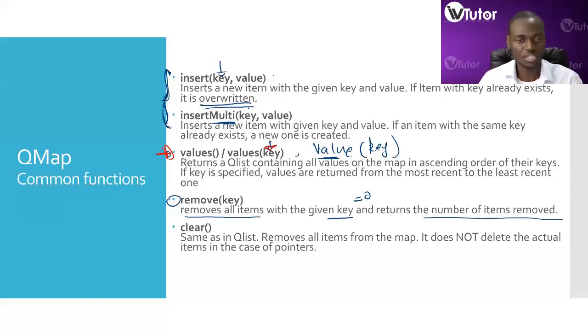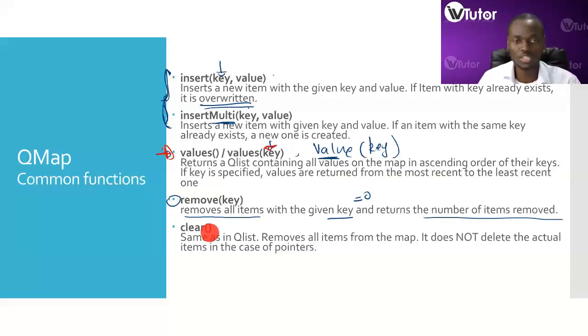So the clear function, same as in a QList, removes all items from the map. It does not delete the actual items in the case of pointers. It will clear your QMap, which means it just removes everything, but it does not delete the pointer. So you cannot rely on using these functions to delete pointers.